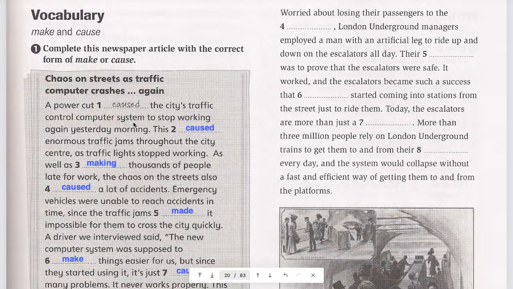Right? What is that? The city's traffic control computer system, what is that? Yeah, we can say that is a noun or noun phrase. So that's why we need to use caused, not made.